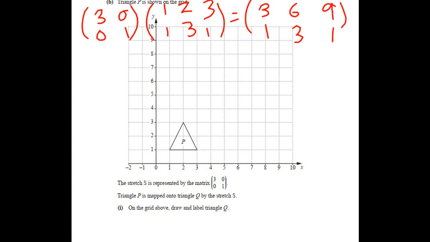So the resultant triangle will be 3 1 comma 6 3 comma 9 1. So a triangle joining these 3 coordinates.